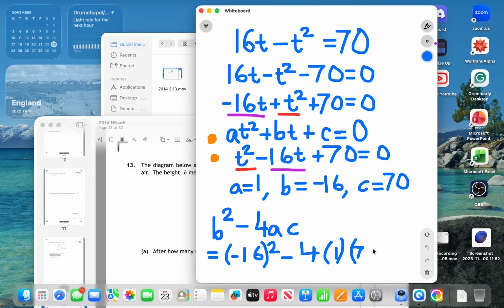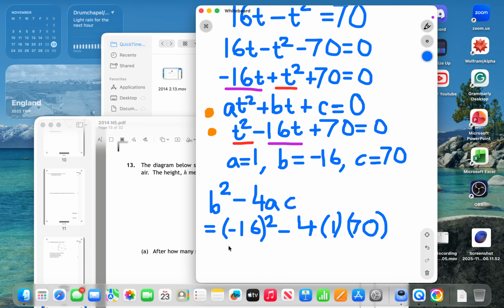And there's no calculator permitted in this exam, so you're going to have to do without. So minus 16 squared, that's 256. Take away 4 times 1 times 70 is 280. And doing that is minus 24. So we have the discriminant is minus 24, and that's less than 0.